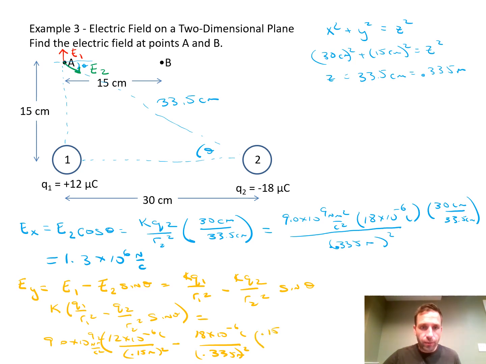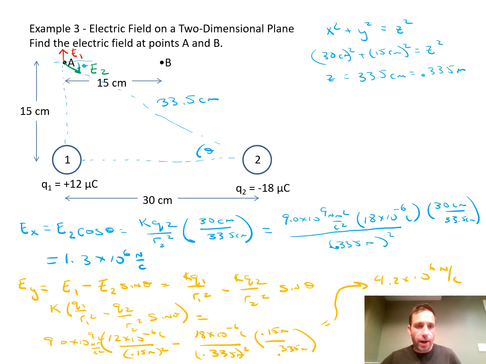That 0.15 meters over 0.335 meters is the sine of the angle. And if you put this carefully into your calculator, I get 4.2 times 10 to the 6 newtons per coulomb.